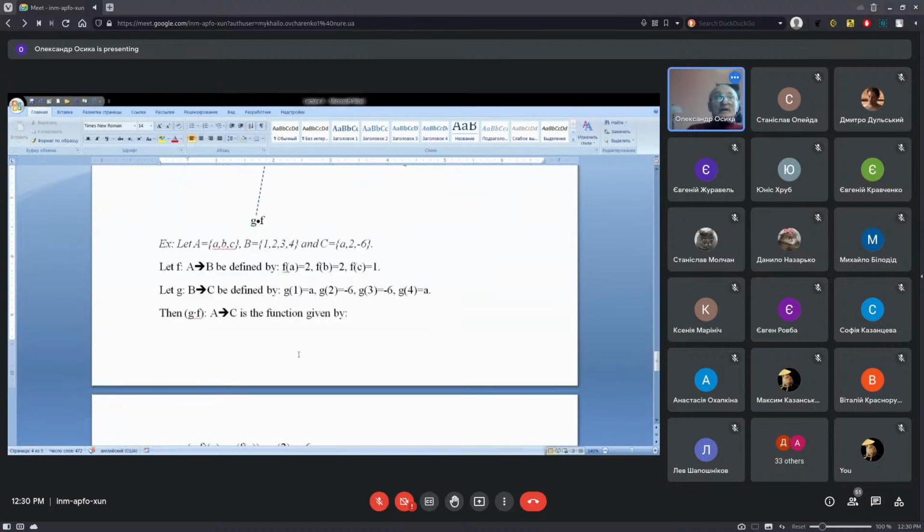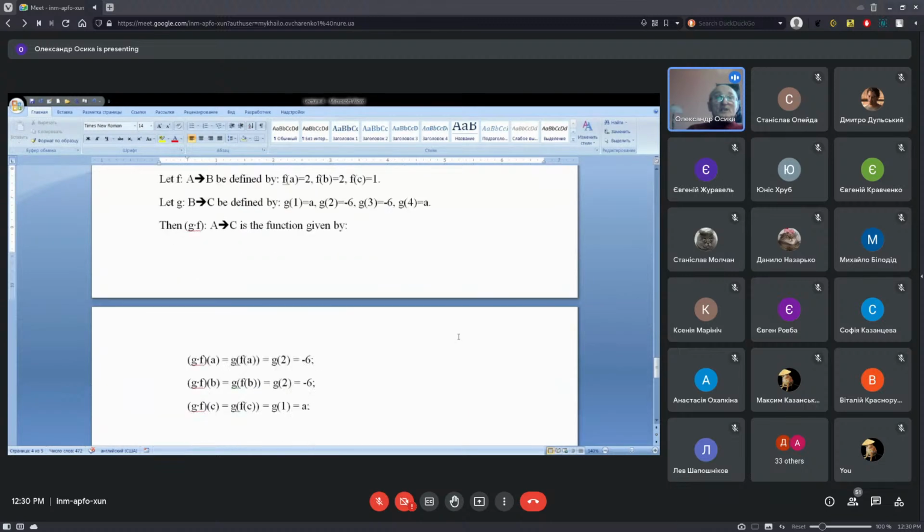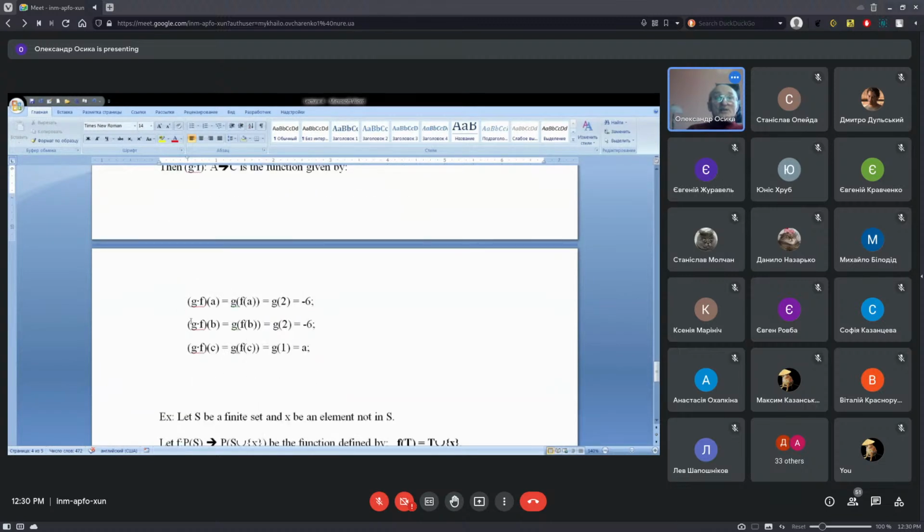Then the product of functions g f from A to C is the function defined by such pairs: g f of a is g of f of a, and f of a is 2.